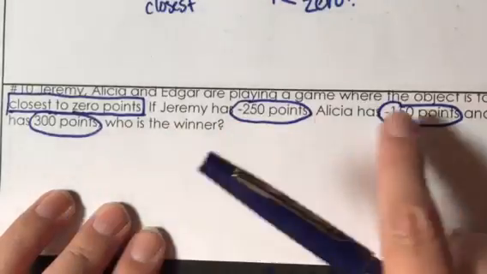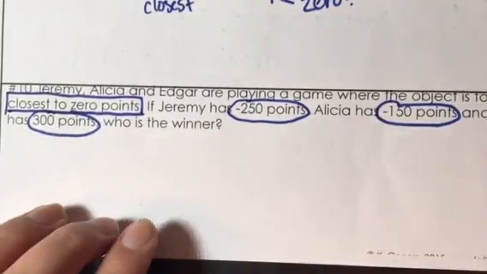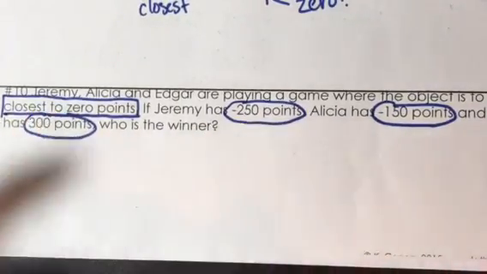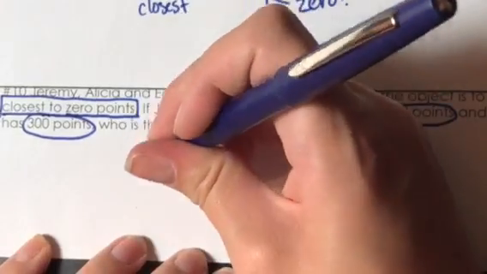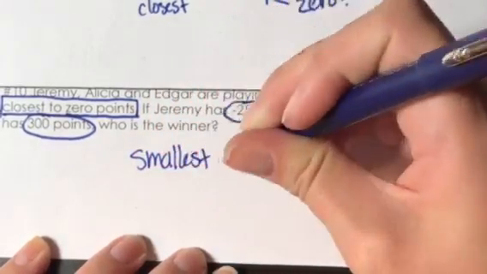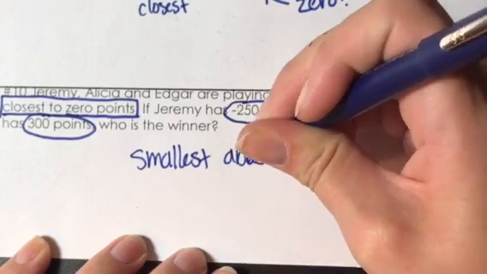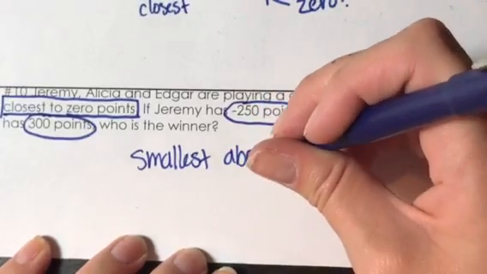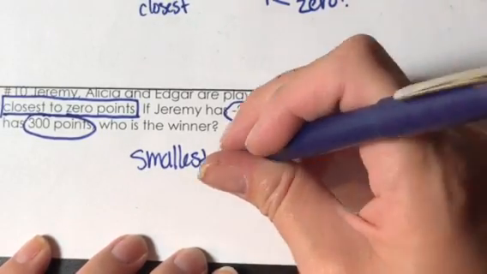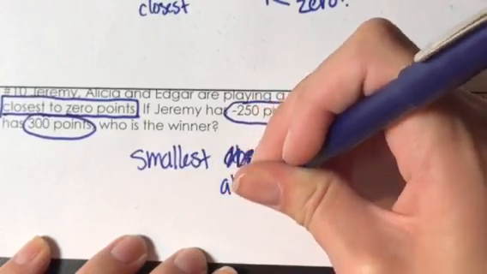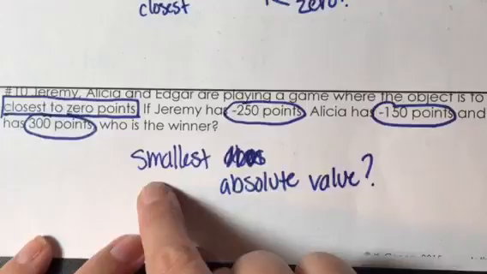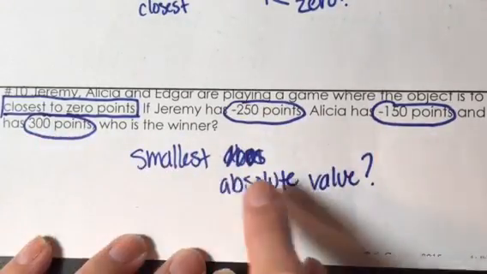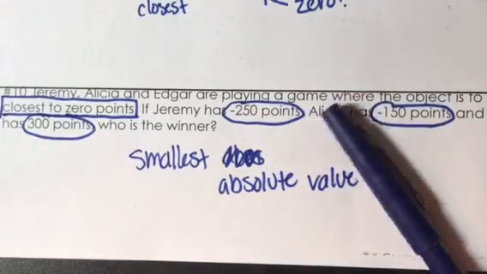You got to find the absolute value of these three numbers. And then tell me who's really closer to 0. Who has the smallest, did I spell that wrong? Yes, I did. Absolute value. Which one of these has the smallest absolute value, the closest proximity to the number 0?